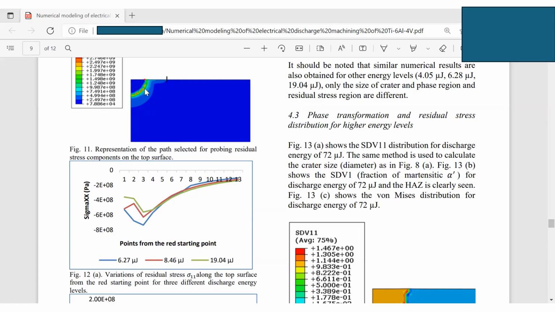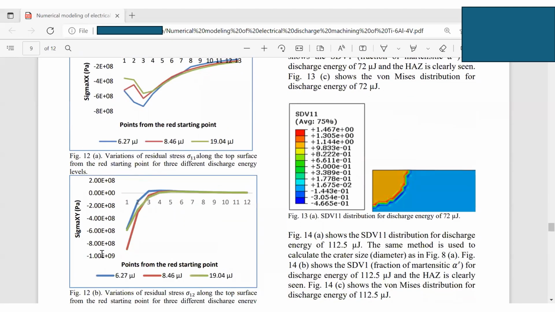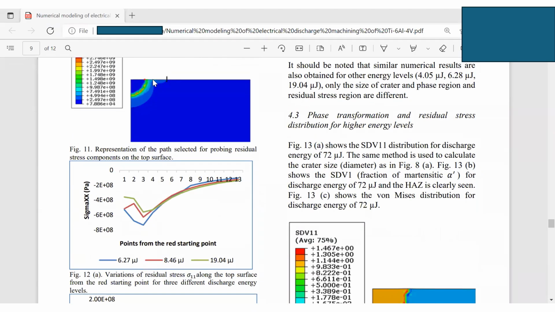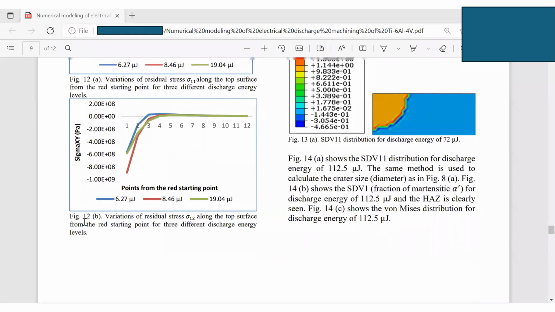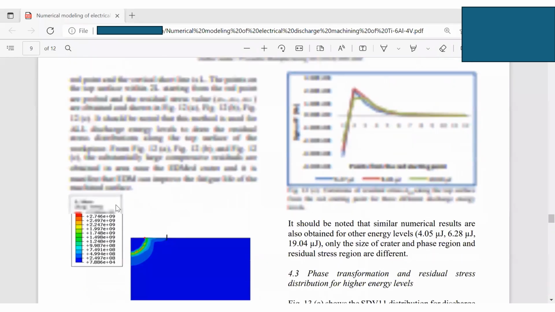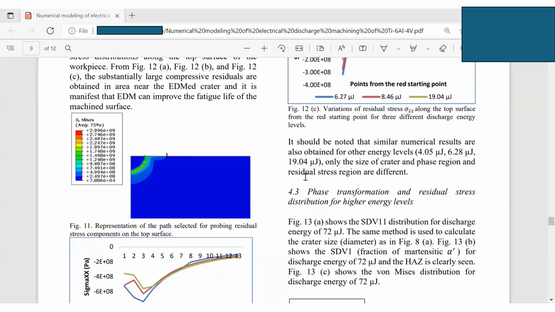You can see this is the phase transformation, and from here to here we want to see the residual stress distribution for different energy levels. We see the residual stress distribution sigma xx, sigma xy, and sigma yy.